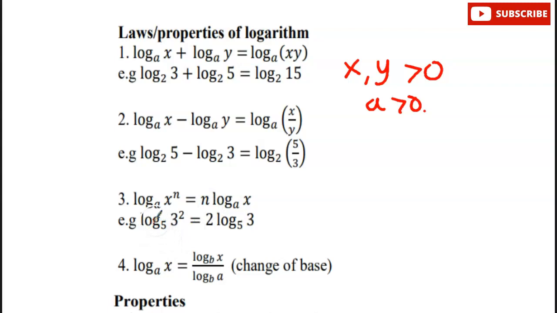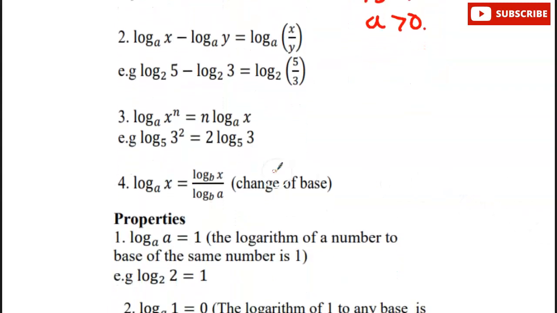Now let's check this. Log 3 to the power 2 base 5 we can rewrite by bringing the 2 in front, and then log 3 to the base 5. Remember, these three laws, if you are at the right hand side too, you can break it to the left hand side. It's not always from left to right. So what I'm saying is 2 log 3 to the base 5, you can write it this way.